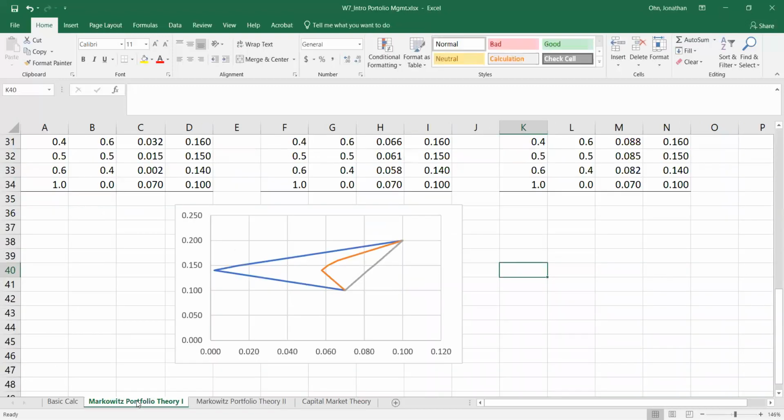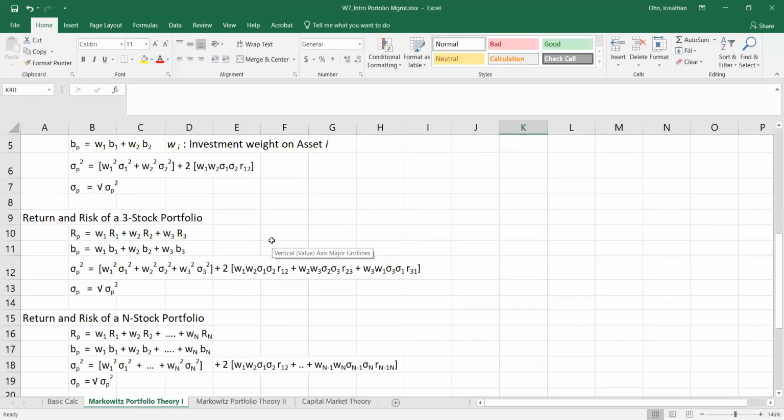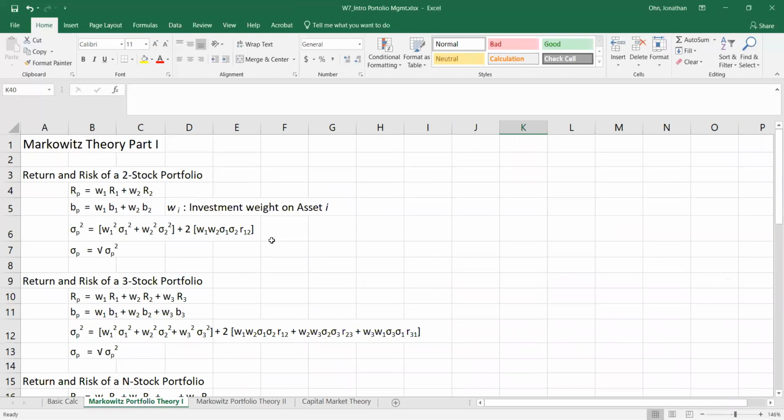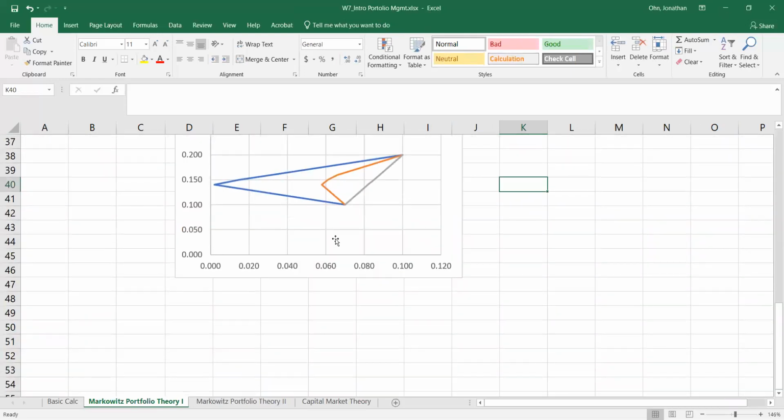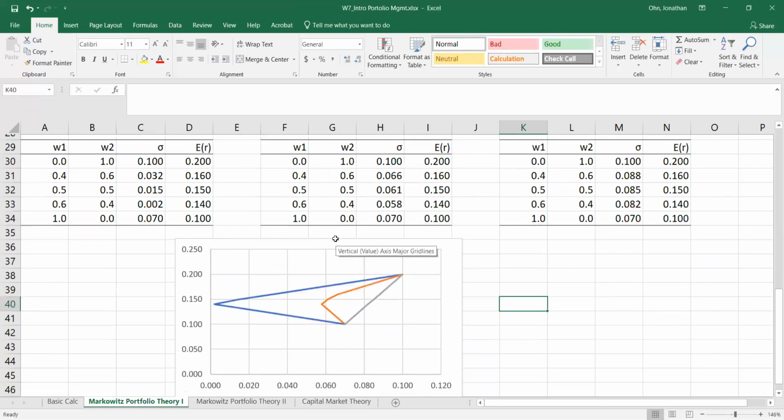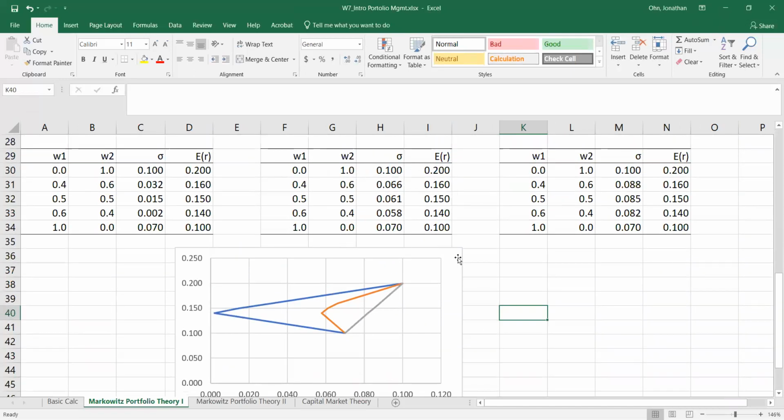So Markowitz portfolio theory part 1 is the quantitative mathematical model of the return and risk of an investment portfolio, right? And then it successfully shows the risk diversification effect for these 3 cases graphically.